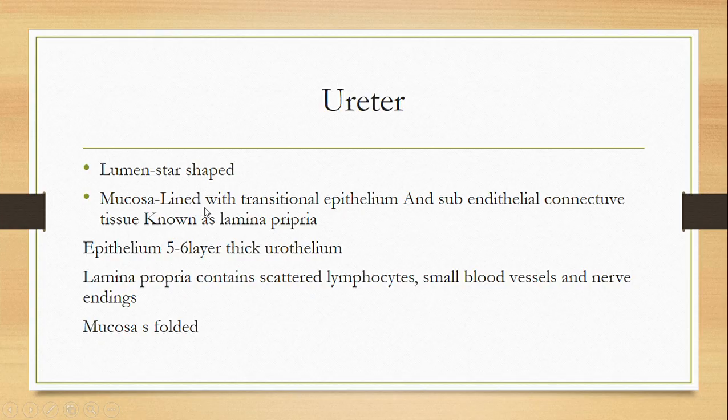The mucosa is lined with transitional epithelium and subepithelial connective tissue known as the lamina propria. The epithelium is 5 to 6 layers thick, that is the urothelium or transitional epithelium. The lamina propria contains scattered lymphocytes, small blood vessels and nerve endings. The mucosa is folded because of the underlying lamina propria.